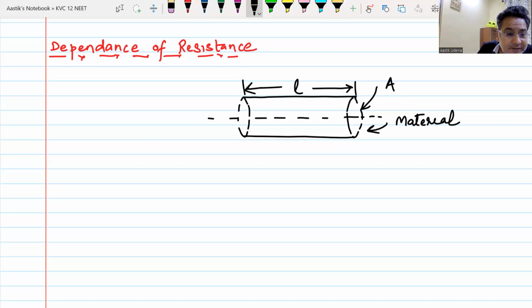Now, on what factors does the resistance of a conductor depend? What are the factors that you think the resistance of the conductor will depend on?